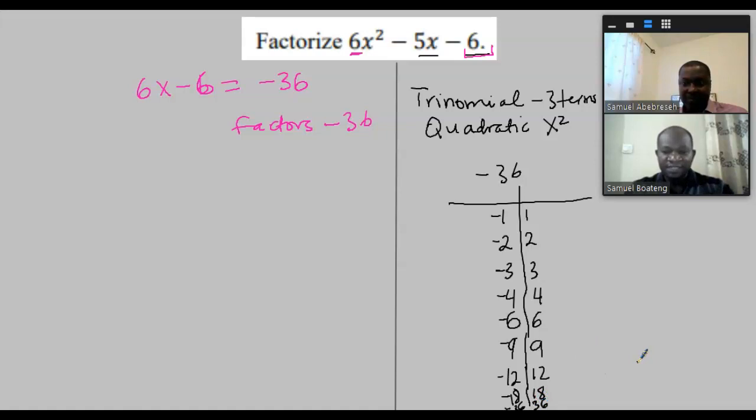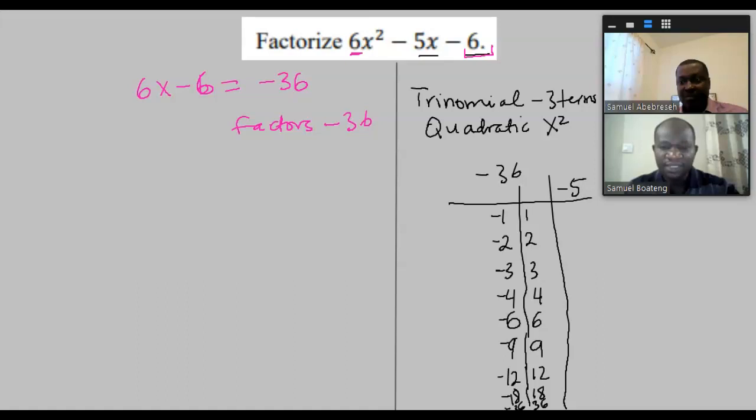Now, after getting the factors of 36, both negative and positive, you pick 2 of the factors. It could be both negative, or both positive, or 1 negative and 1 positive. When you multiply, you get minus 36. When you add, you get the coefficient of the middle term, that's minus 5.